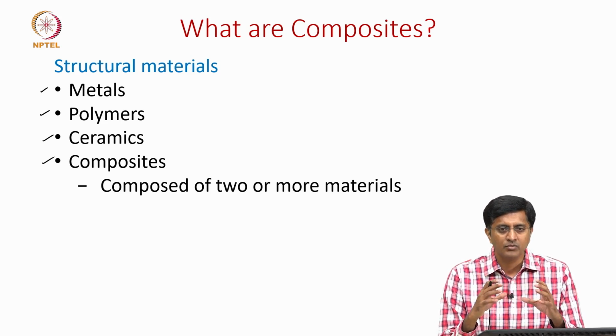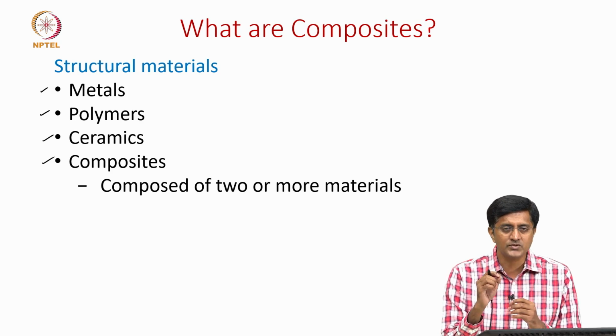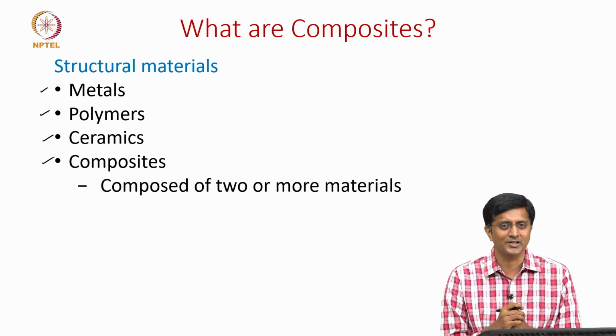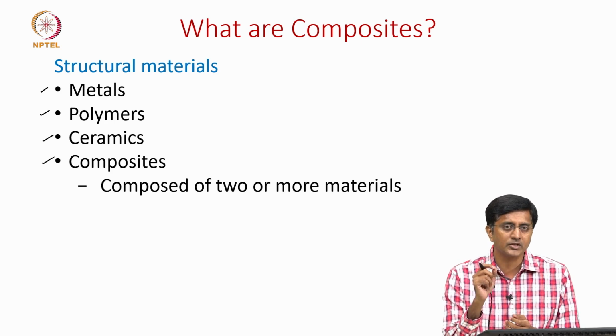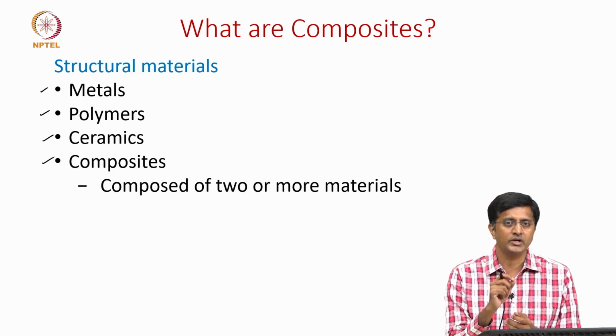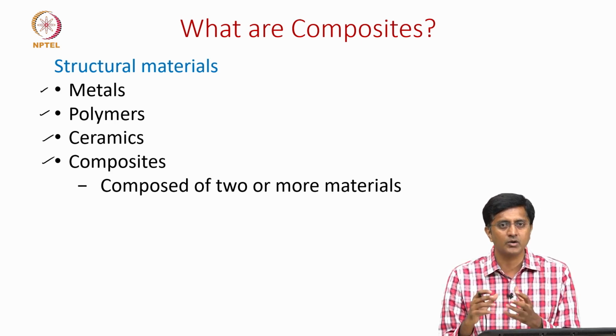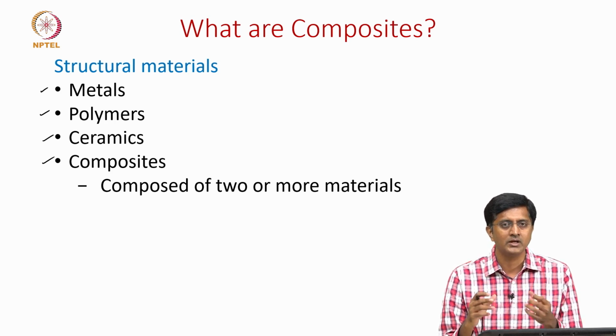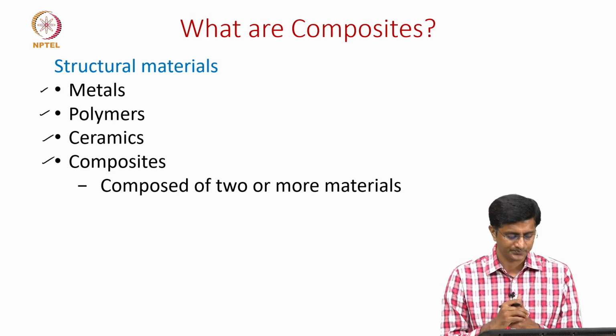When we said these 2 or more materials, some of these materials are so small that you cannot see them with the naked eye. You need sophisticated instruments like a microscope or a high resolution microscope, especially when the second or the third material is a nanomaterial like carbon nanotubes, carbon nanofibers, graphene and these kinds of materials.